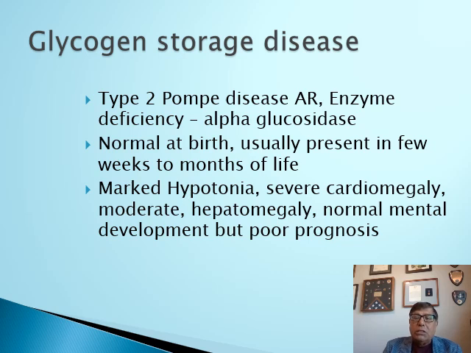So this is important, that they have severe cardiomegaly, marked hypotonia, moderate hepatomegaly, but normal mental development. Prognosis, unfortunately, is not very good. Okay, so glycogen storage disease, Pompe disease involves the heart. So this is a little bit different, and prognosis is not as great.